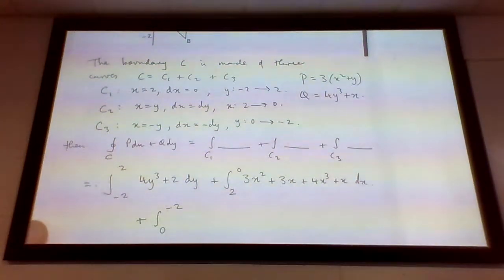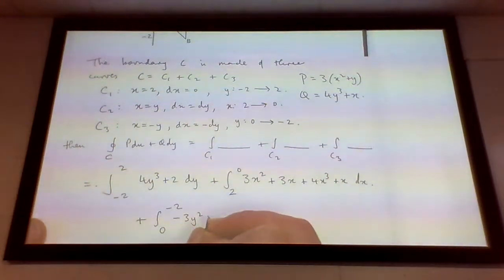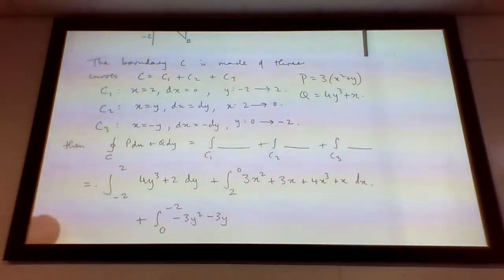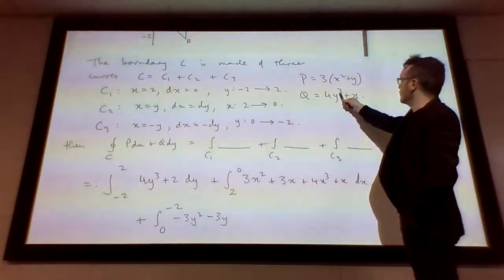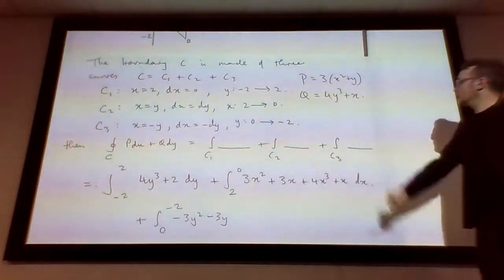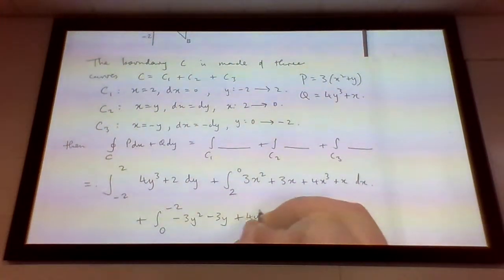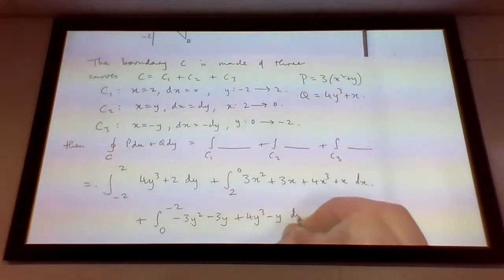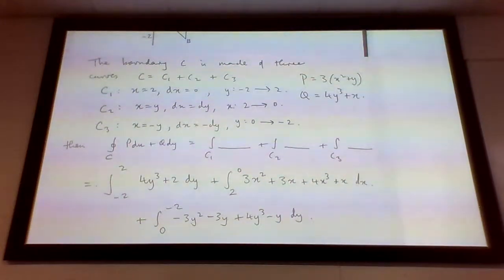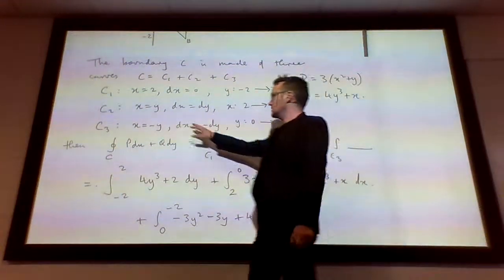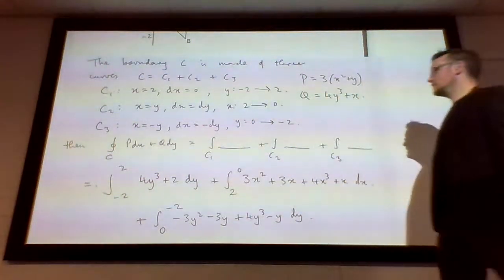So that's minus 3y squared minus 3y. And then you've got the Q dy part, which is going to be 4y cubed minus y. And that's all integrated with respect to y. So just be cautious there about treating your positive and minus signs correctly.